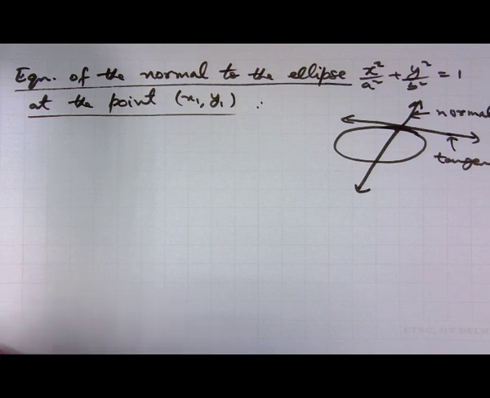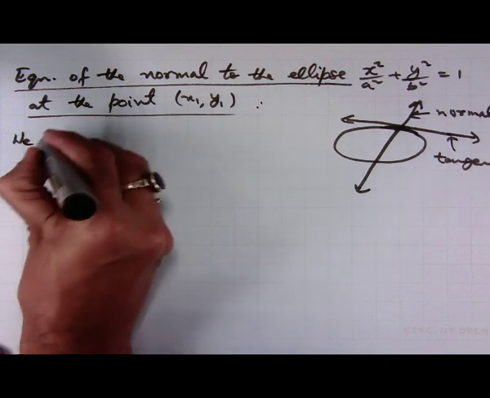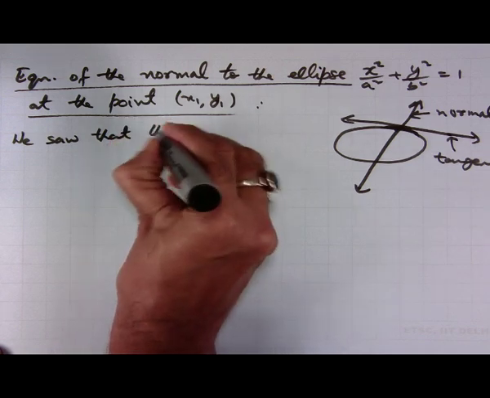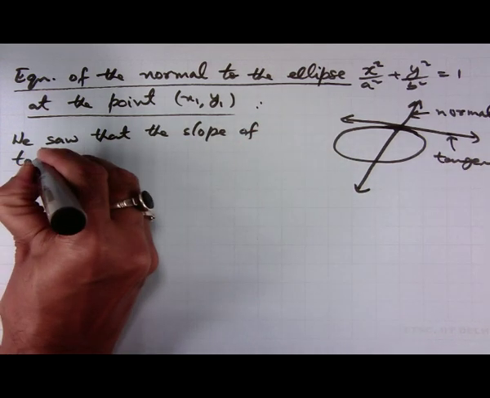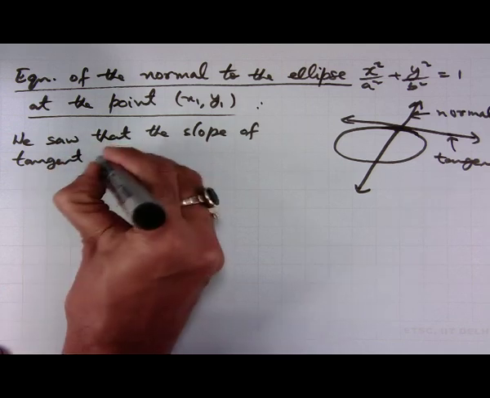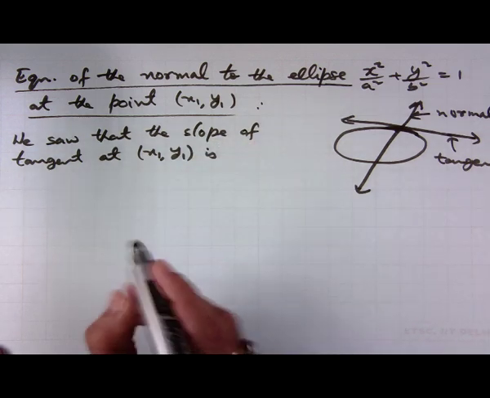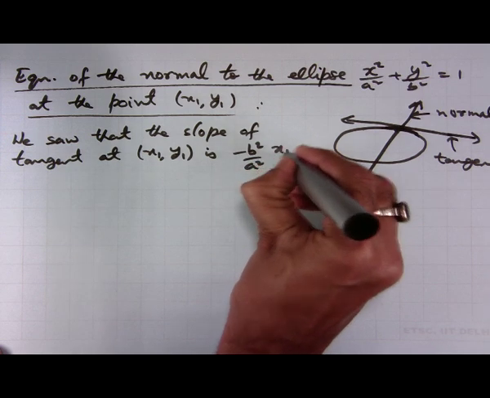So, we already know that the slope of the tangent at x1 y1 is minus b square by a square x1 by y1.